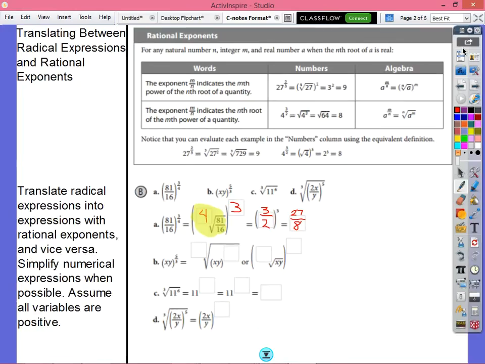All right, next one. x y to the 5/3. Okay, so we put the 3 out here, so it's the cube root. The denominator goes on the outside as the root of the radicand, and this would be to the 5th power.